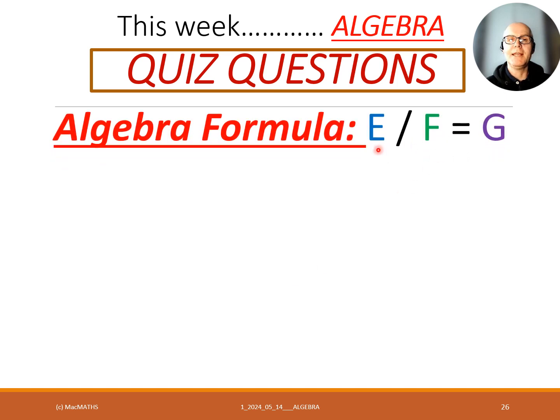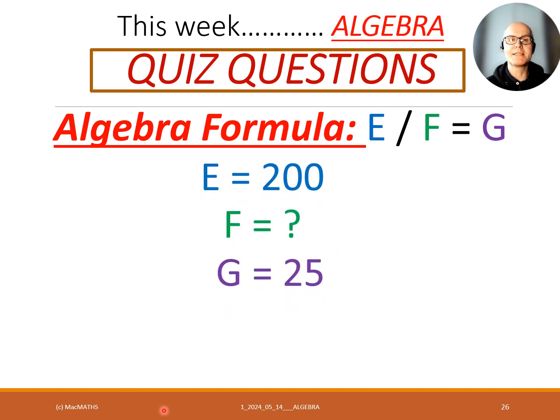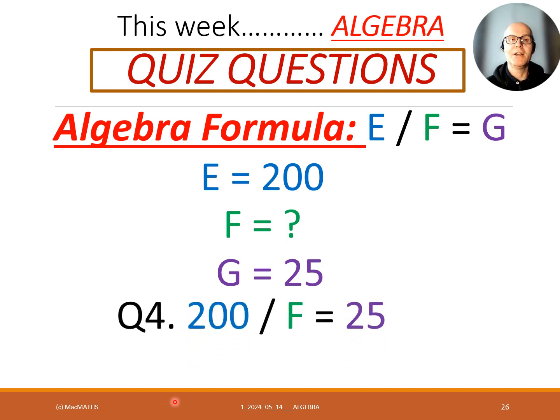Next question. E divided by F equals G. Fill in the numbers that we do know from this information supplied. It gives us 200, which is E, divided by F, which we're trying to find out, equals G, 25. 200 divided by what number equals 25?